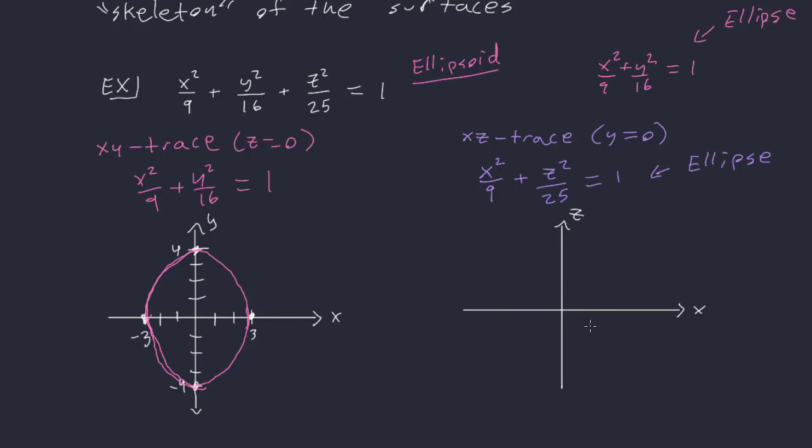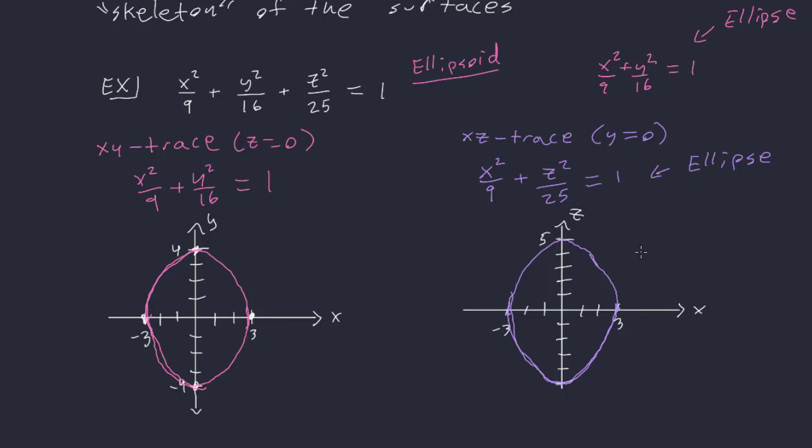Just like before, x has a radius of 3, and z, since it's z squared over 25, has a vertical radius of 5. So it looks like this.